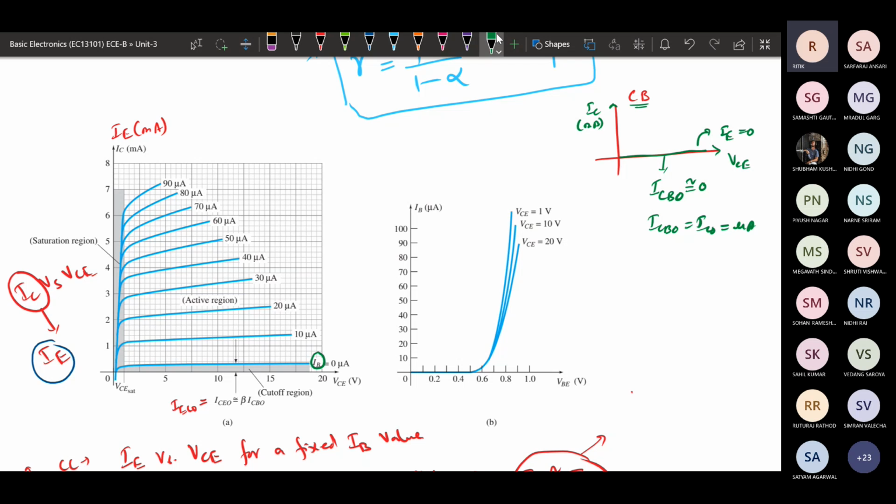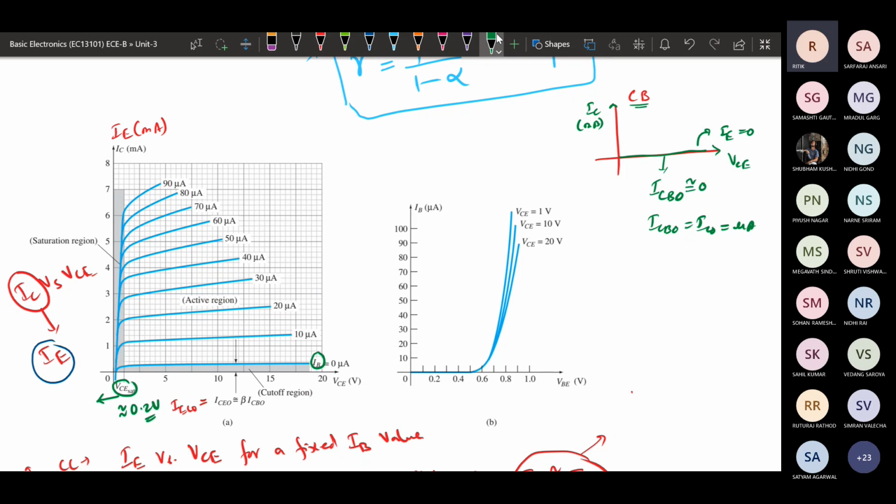And also the saturation region will be defined by this VCE. The left side of this VCE will be your saturation region. In this region the collector junction will be reverse bias. Generally this VCE in case of BJT is 0.2 volt.